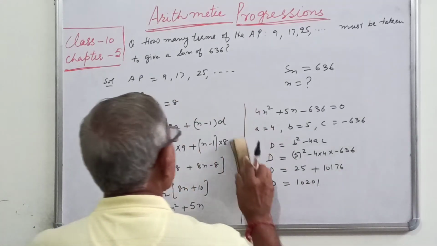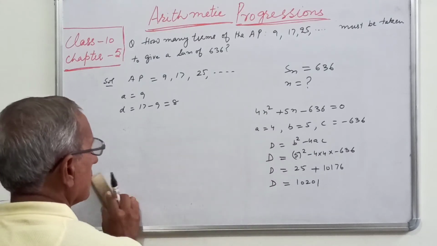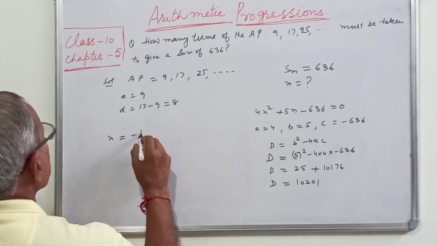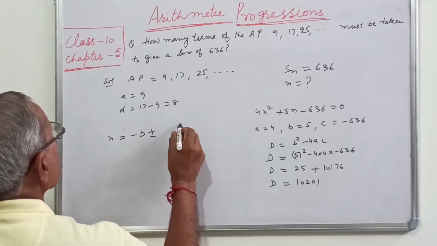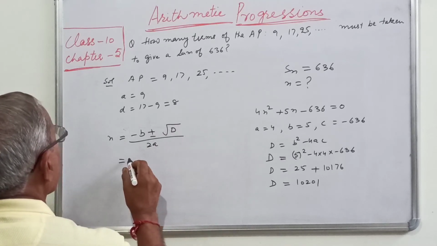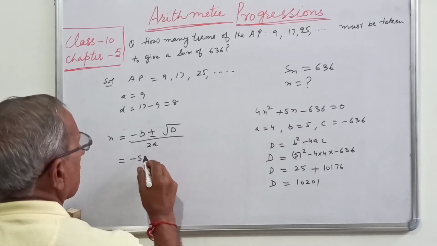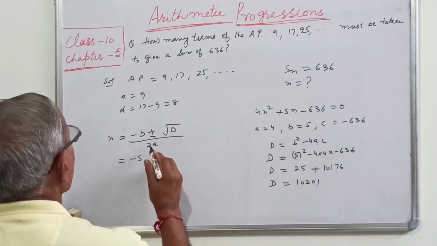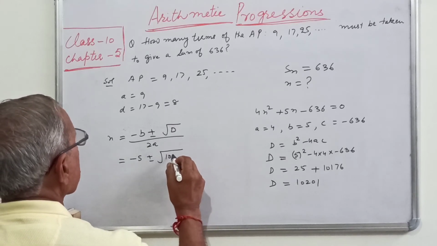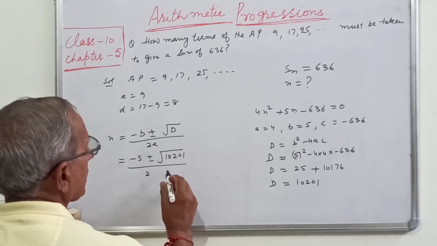So using the quadratic formula here for factorization, n will be equal to minus b plus minus under root D upon 2a. So minus b, so minus 5, b is 5, so minus 5 plus minus under root of 10201 divided by 2 into a, a is 4.